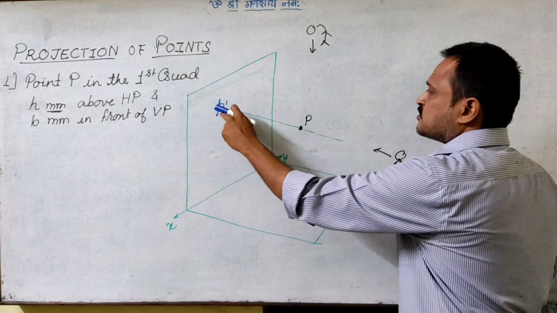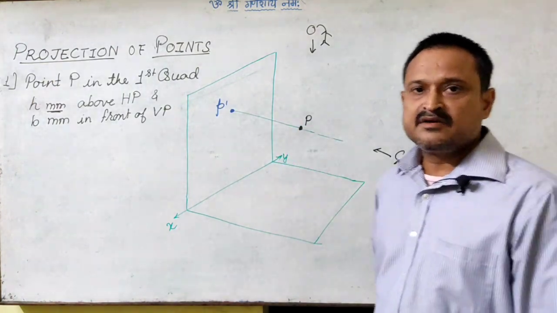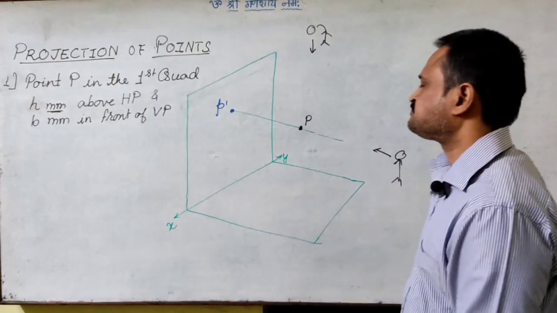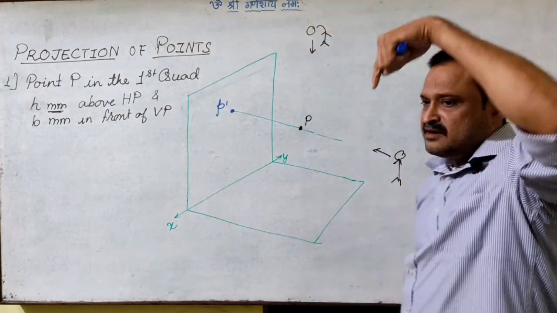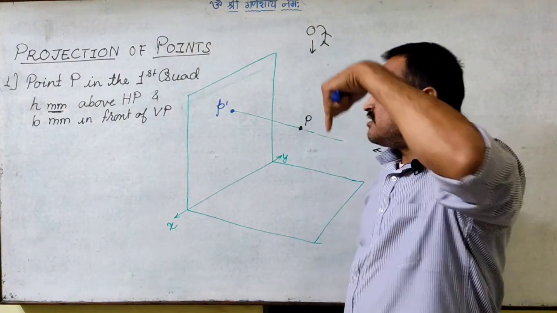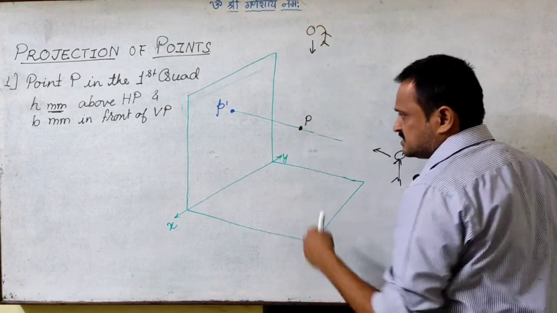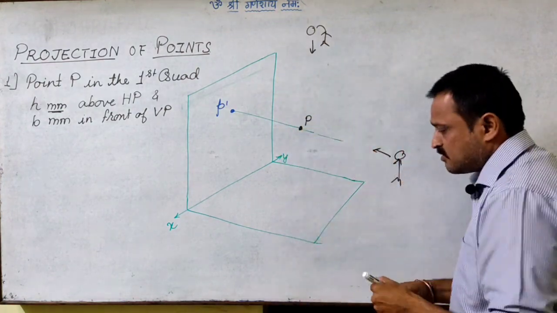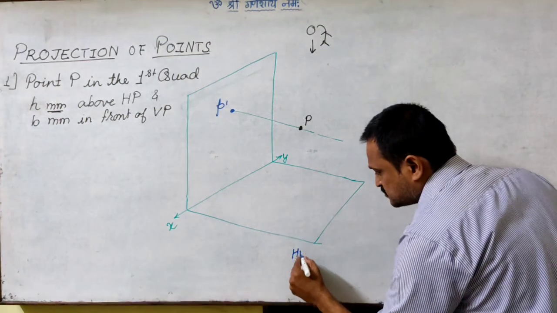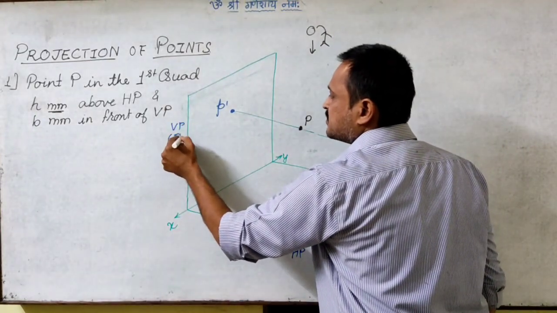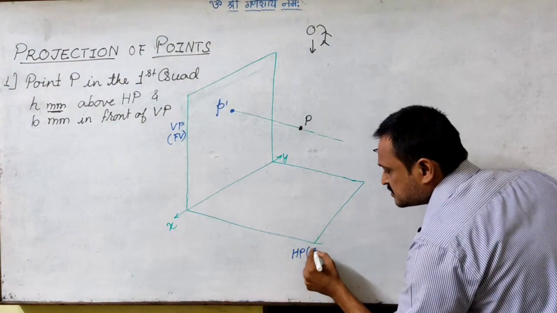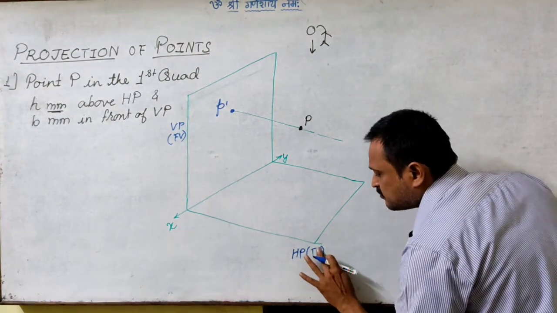So P dash or P prime will be the front view image of the point. When we move to the top and look at it, again in one direction, I am taking the image which will be on HP. So this is the horizontal plane, this is the vertical plane. Here we are getting the front view, and here we will be getting the top view.